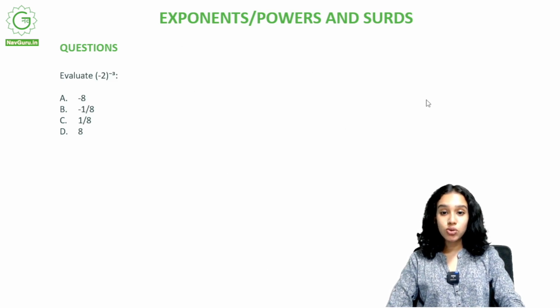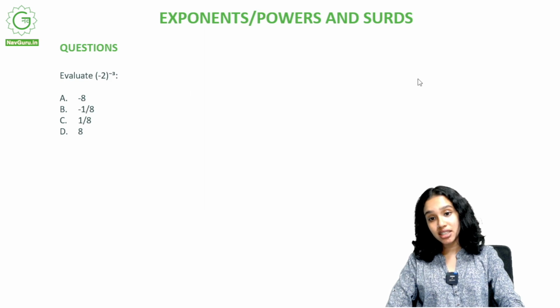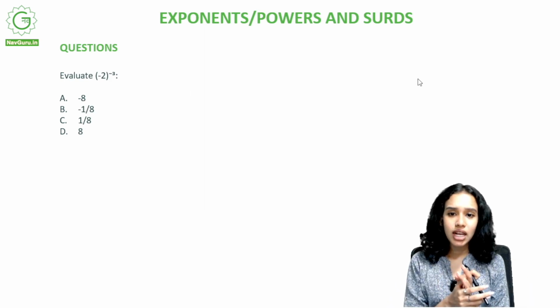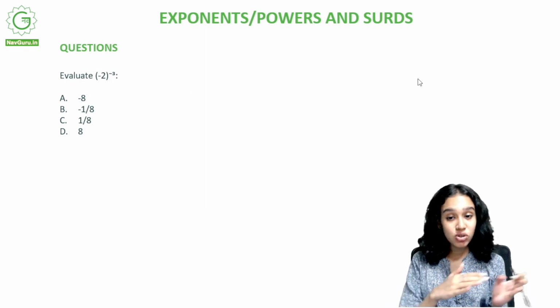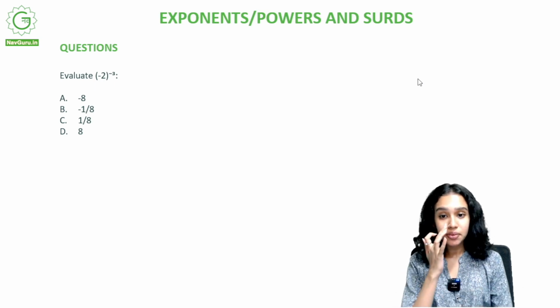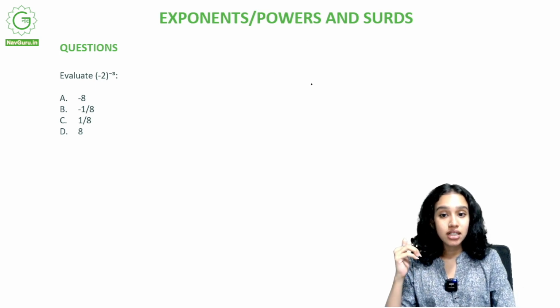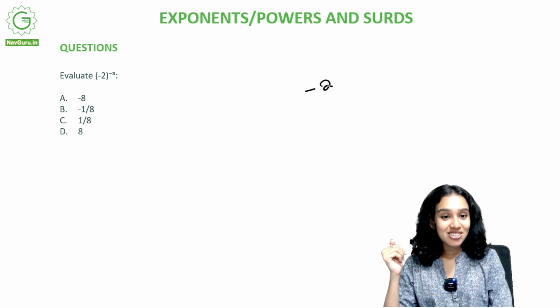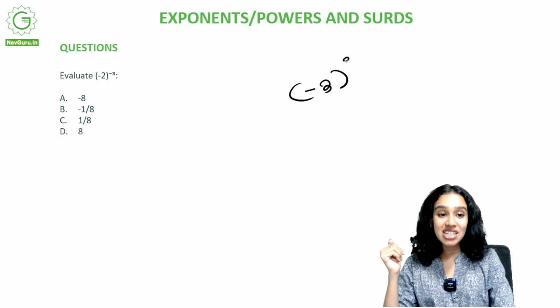Evaluate minus 2 to the power of minus 3. So first of all, any number raised to negative power gives us negative numbers, right? Is that right? No, it's not. Any negative number when raised to odd numbers gives us negative numbers.